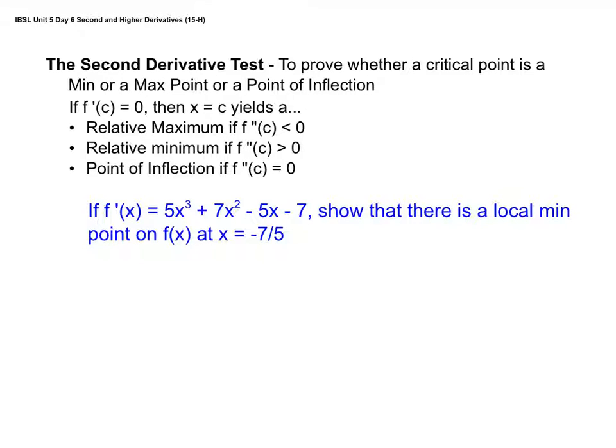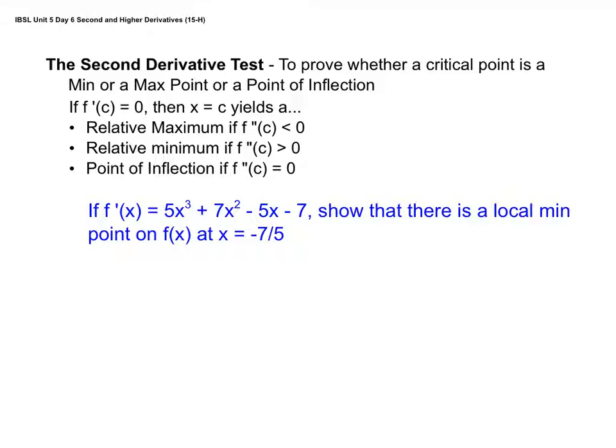Okay? Let's look at what the second derivative test says. To prove whether a critical point is a min or a max point or a point of inflection, if the derivative equals 0 at C, then C will yield one of those three things.